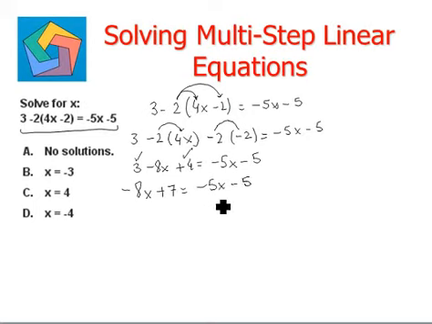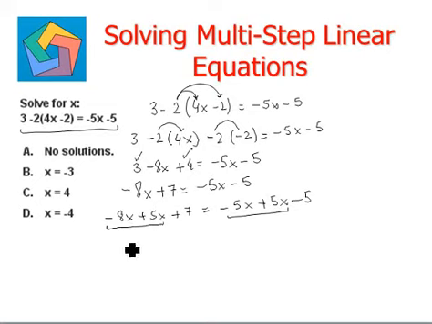We'll bring the x term to the left side, that is by adding 5x to both sides, equals negative 5x plus 5x minus 5. So this negative 5x plus 5x becomes 0. Over here negative 8x plus 5x is negative 3x plus 7 equals negative 5.